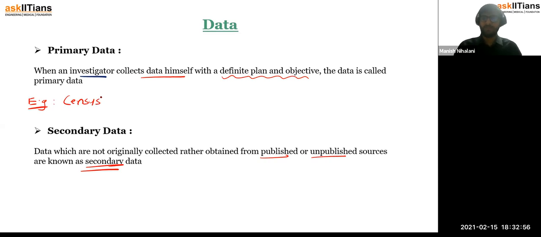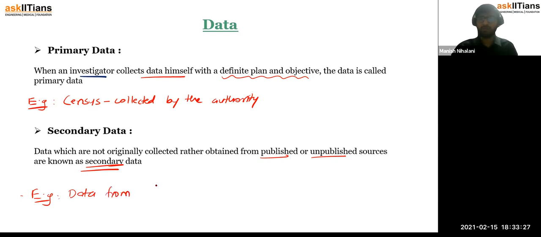The commissioner of the municipality, the concerned authority of the government, is himself or herself collecting the data. So the census collected by the authority themselves is primary data, whereas secondary data could be data collected from an article or a newspaper source, all right? So these kinds of data are secondary data, right?